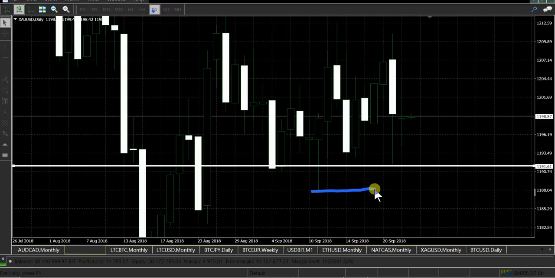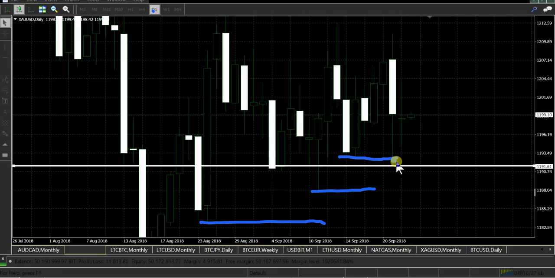If gold ever comes down here, who's not buying it? So on that 4 hour, it was nothing more than coming back 5 days later and wicking into that. So buying right here, most people aren't going to buy that because the RSI doesn't look right. The moving averages don't look right.